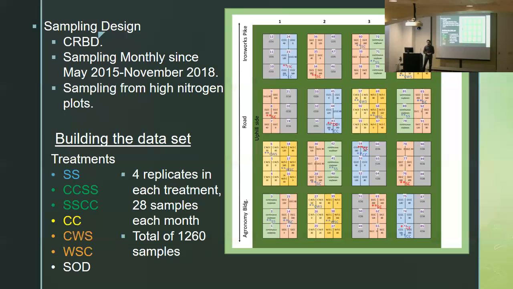This was to eliminate any potential yield bump that we might see with corn in rotation with soybean compared to corn in monoculture. We've been building a robust data set with many different variables, and we have a continuous soybean treatment, a double crop corn, double crop soybean rotation, a continuous corn rotation, a corn, wheat, soybean rotation, and a sod control.